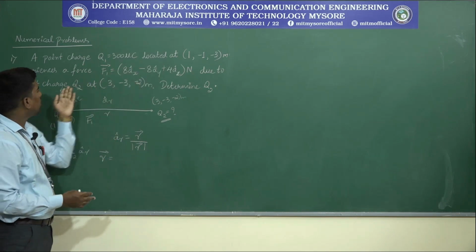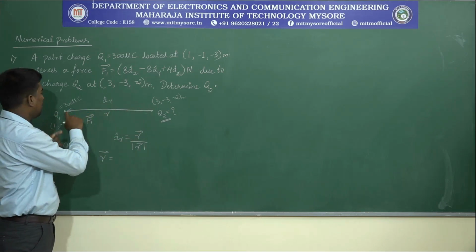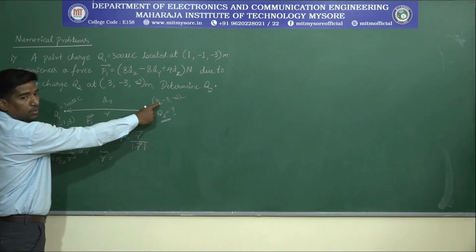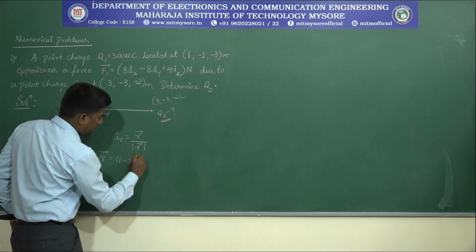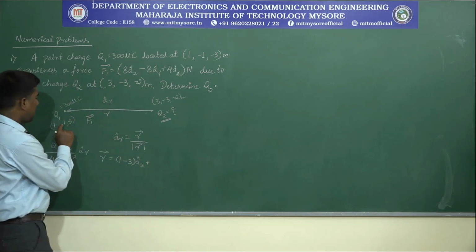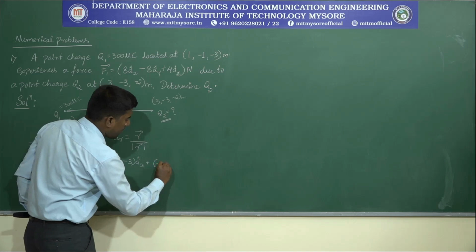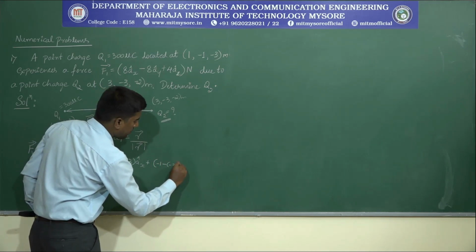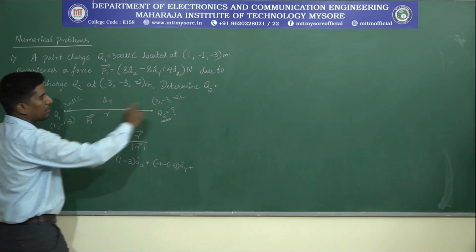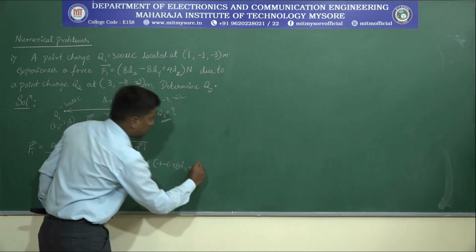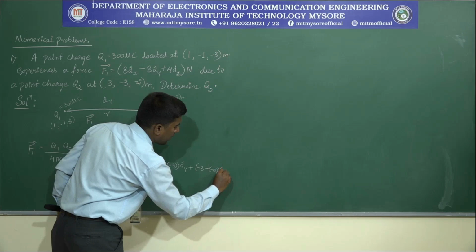By using the given coordinates, that is by using the tip minus tail methodology: (1 minus 3) into a cap x plus (-1 minus 3) into a cap y, wait, (-1 minus of -3) into a cap y, plus (-3 minus of -2) into a cap z.